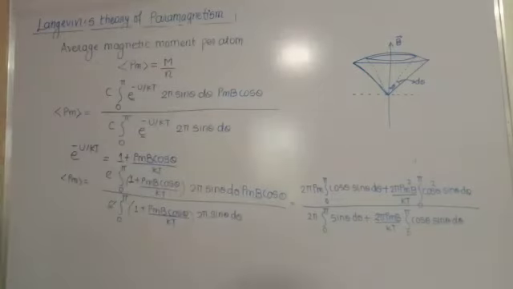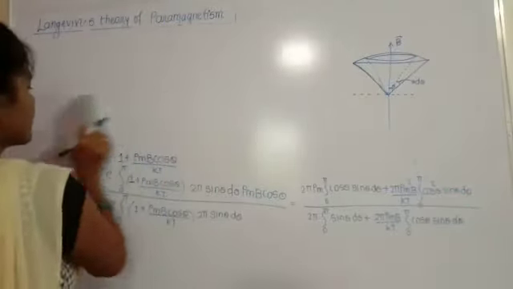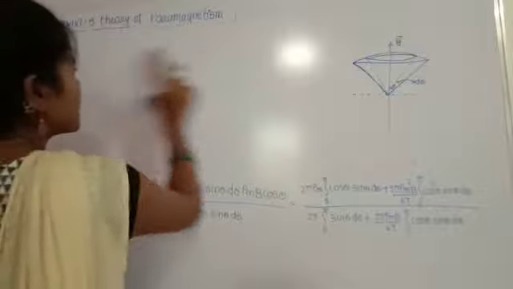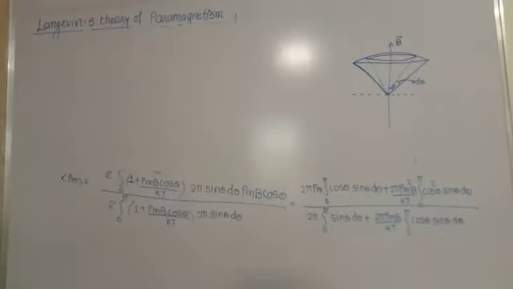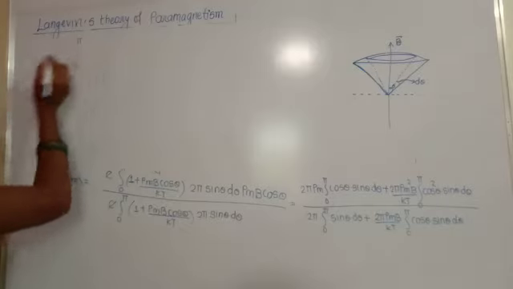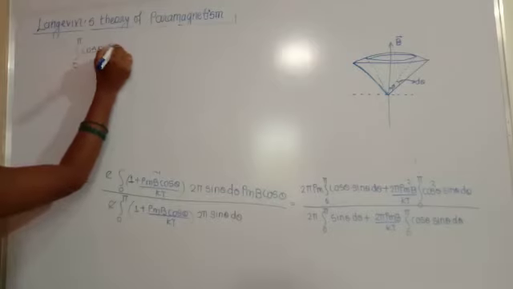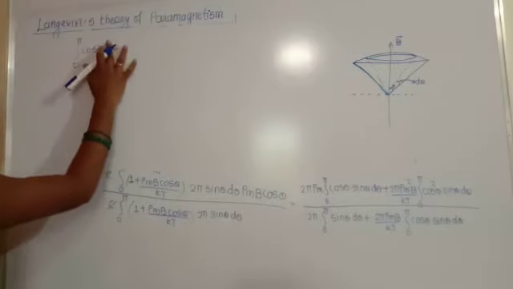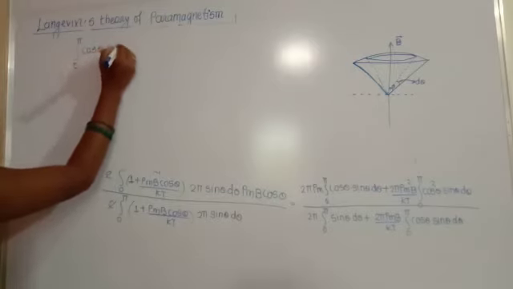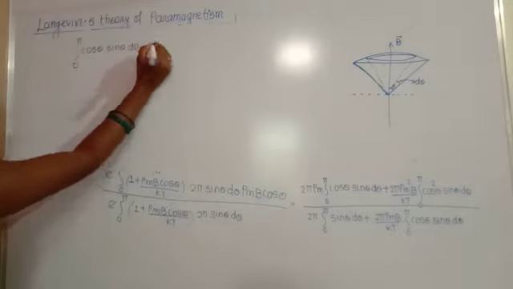So when we calculate this integration, the integral 0 to pi of cos theta sin theta d theta is equal to 0.